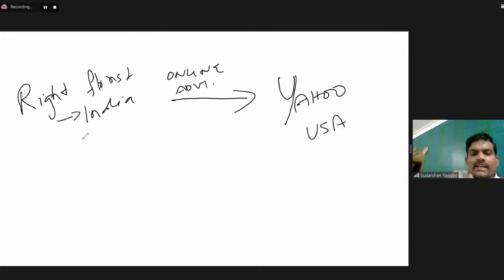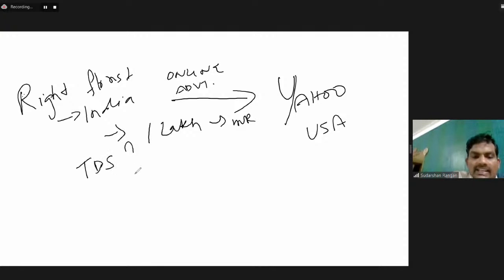So let's take, for ease, the payment is 1 lakh. Right Florist has to make a payment of 1 lakh for the advertisement. Now, what is the TDS? Whether TDS is applicable? If yes, what is the rate?